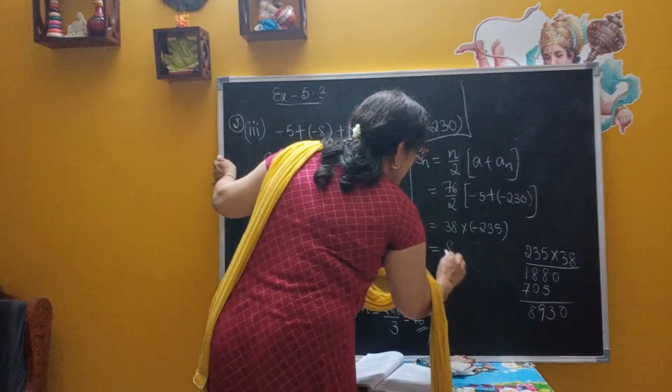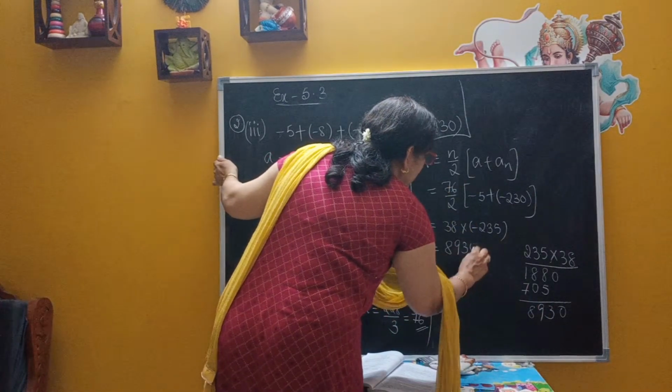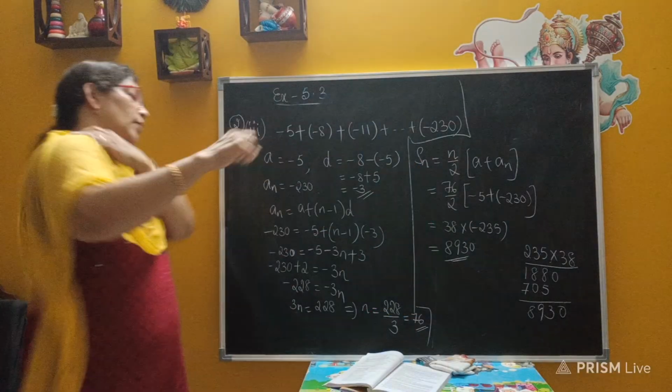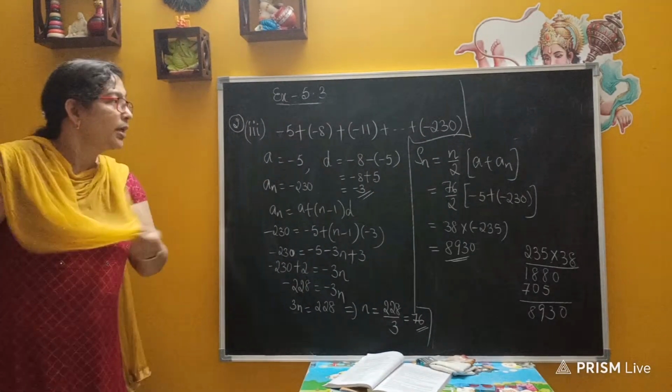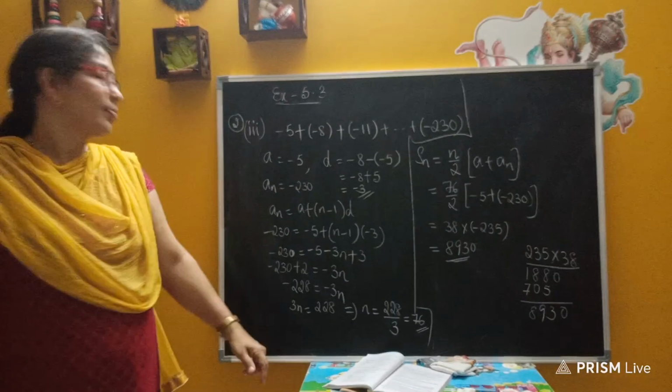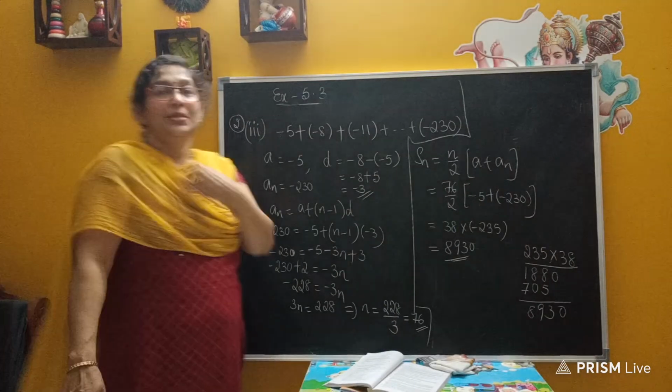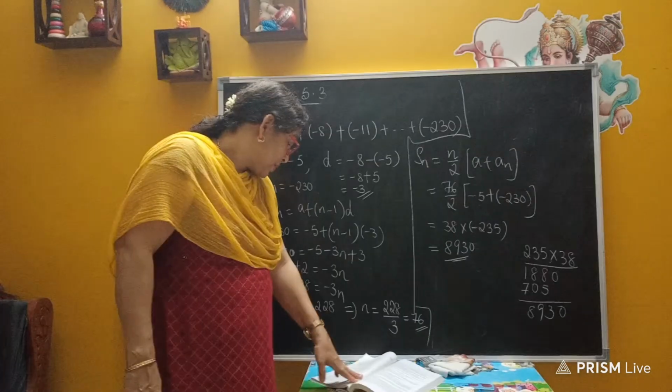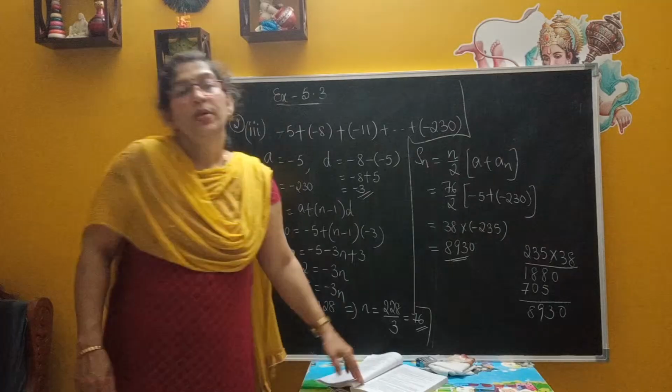So, answer is 8,930. 8,930 is sum of this AP. Yes. Simple, no? Now, let us go with third way.